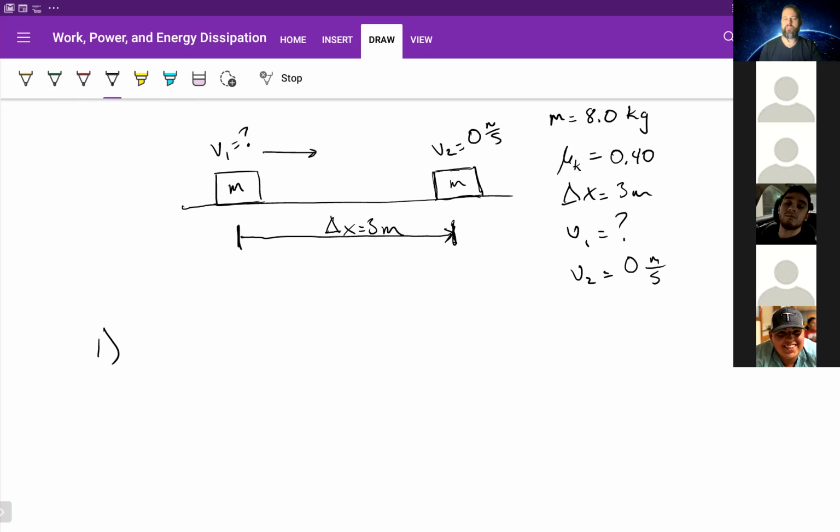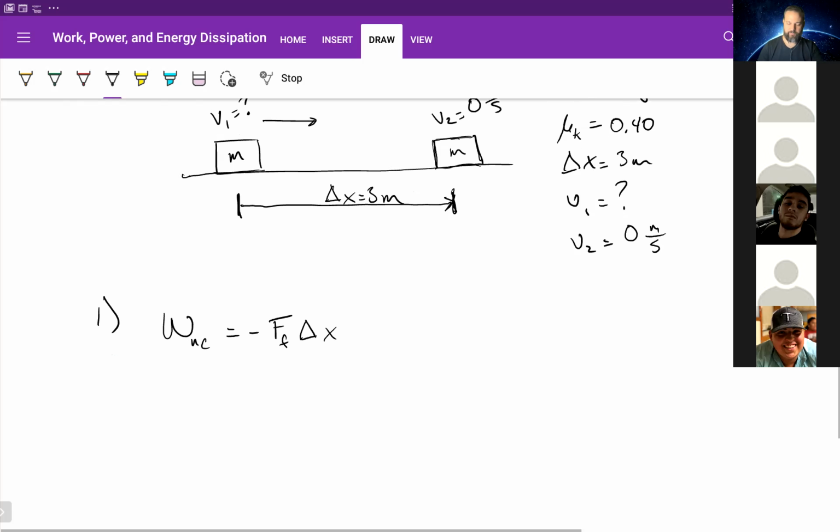So somehow we need to figure out what the energy is for friction. That's going to be our non-conservative work, and we're just dealing with friction. There's no drag, there's no viscosity. So it's negative F sub f delta x.